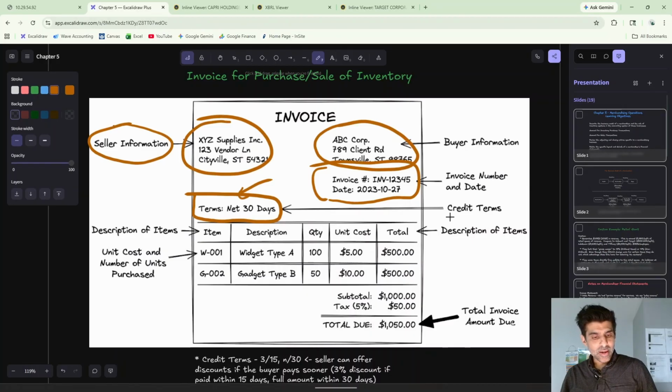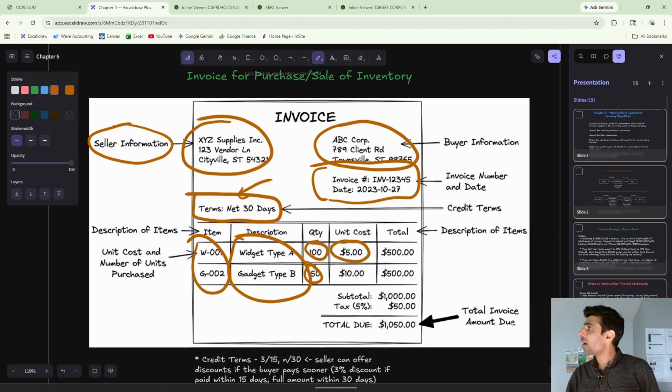You're going to have what the items are, their item SKU number. There's some identifier, usually some kind of inventory number or some way to identify what they are, a description of what they are, how many, so the quantity, per unit cost, and the total, which is just the quantity times the unit cost.